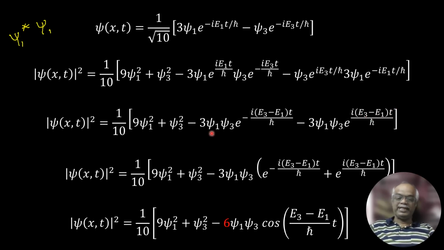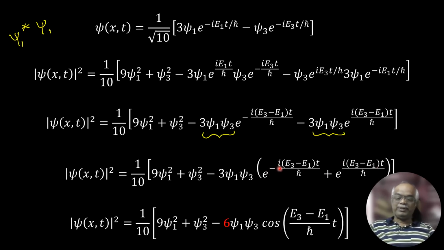Now you take this 3 psi 1 psi 3 as common. Then you will get e power minus i (E3 minus E1) t over h cross plus e power plus i (E3 minus E1) t over h cross.